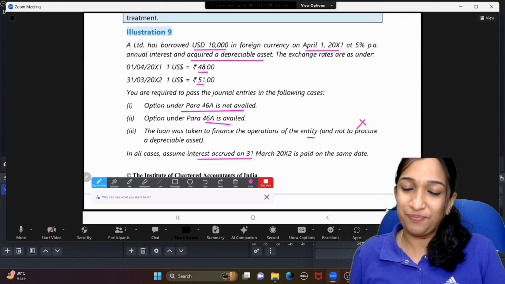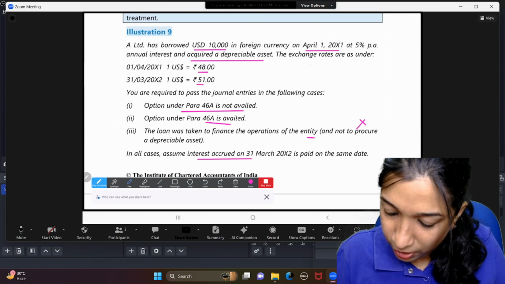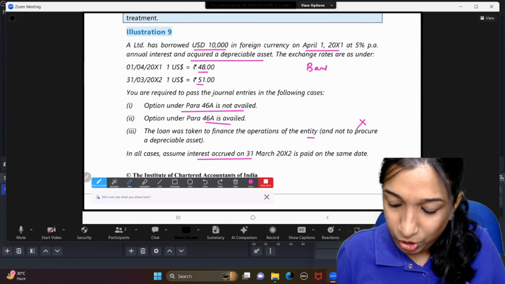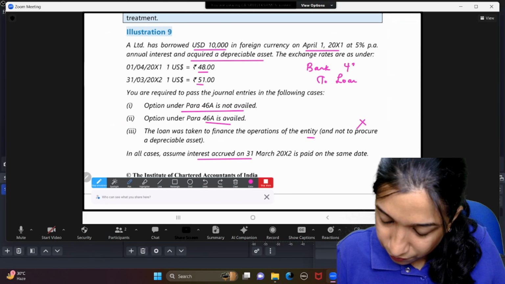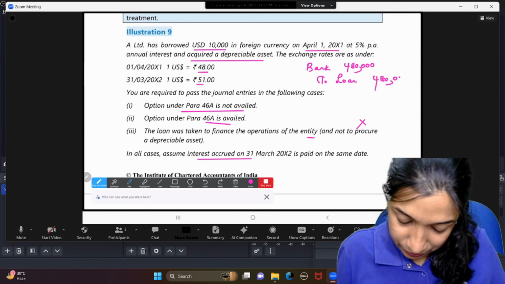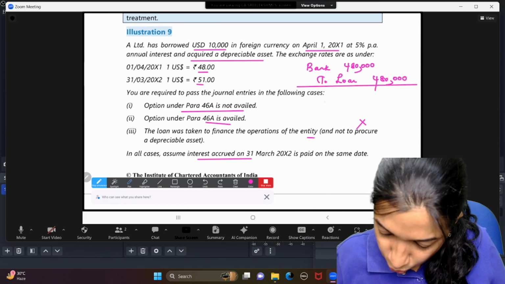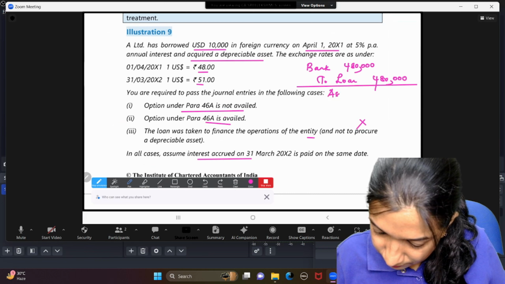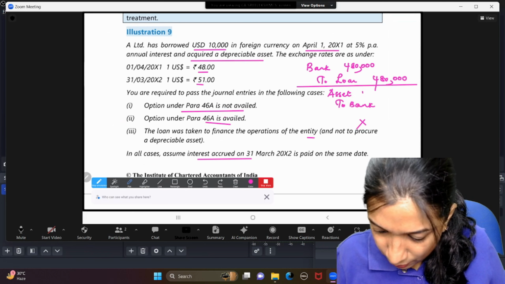Easy. What are the entries to be passed? So first, you have taken the loan. Bank to loan 4,80,000. Then asset to bank 4,80,000.